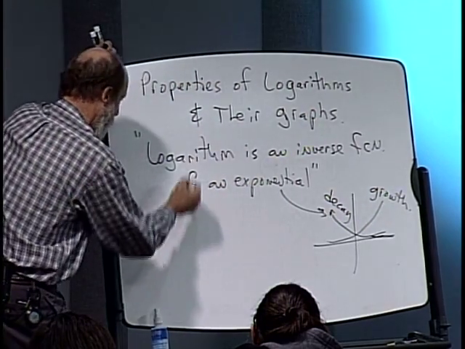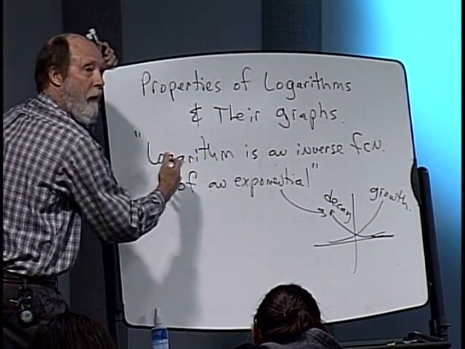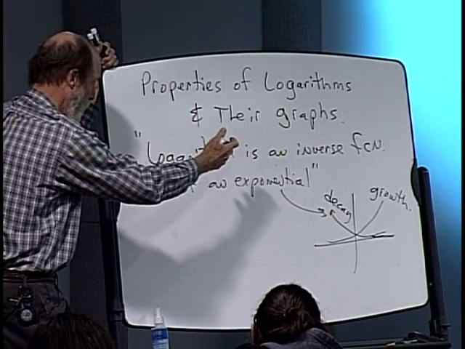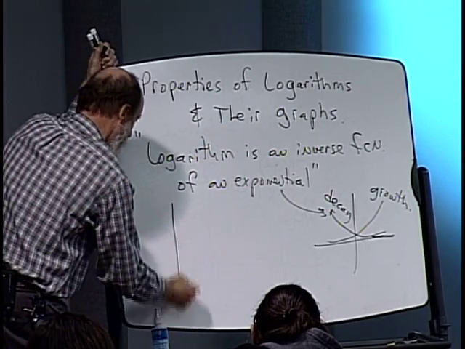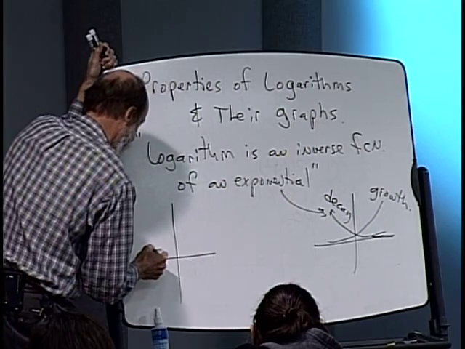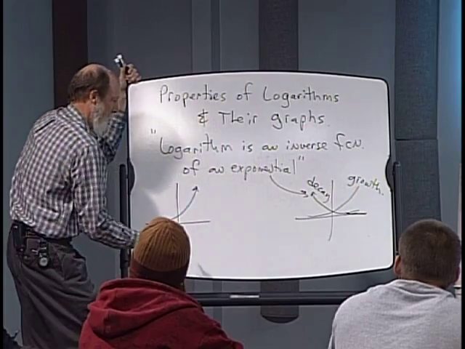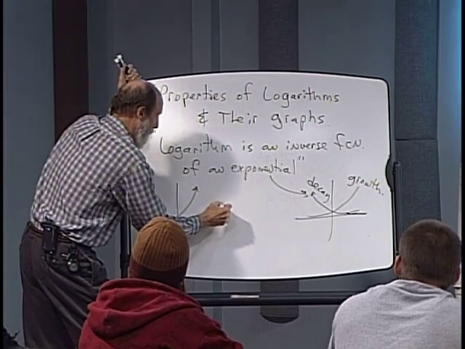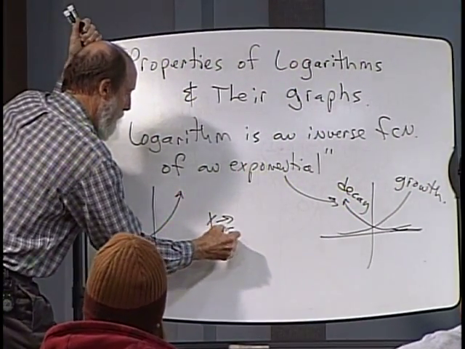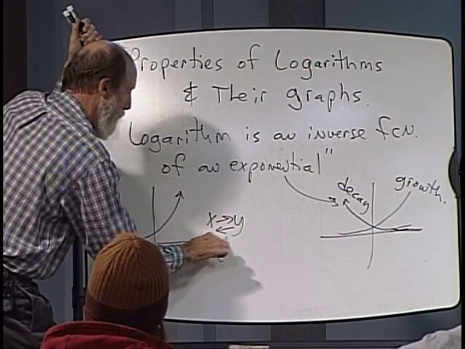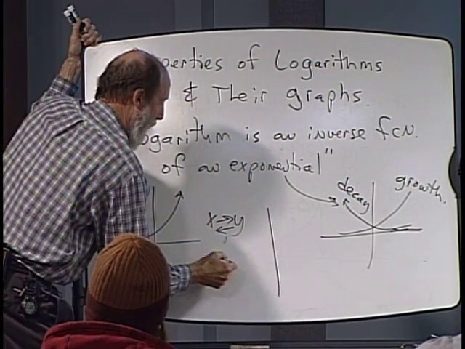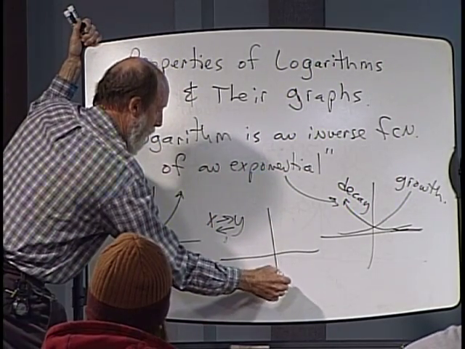So here's the idea related to this sort of way of explaining to someone what a logarithm is. If you start with an exponential, say like this, then you interchange your x and your y, and you're going to get a graph that's going to look like this.